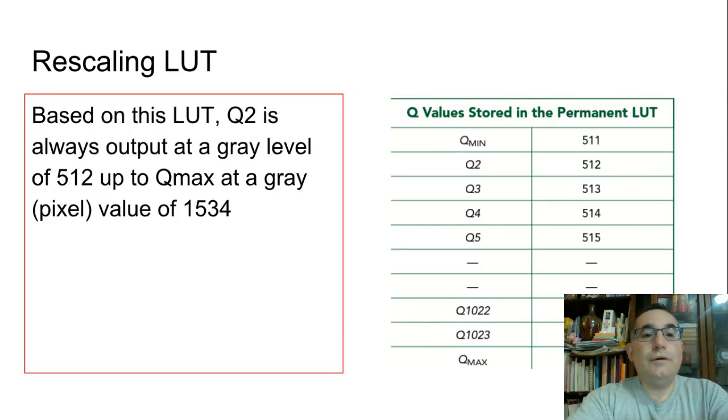So we can say, for example, that anything labeled as Q value 2 is going to have an output of a particular grayscale, right? That might go from 512 up to potentially over 1500, right?